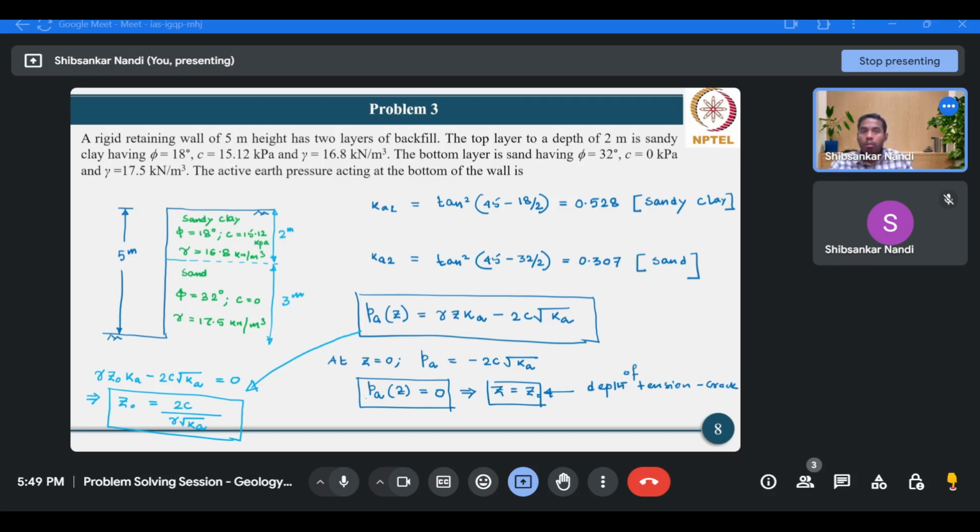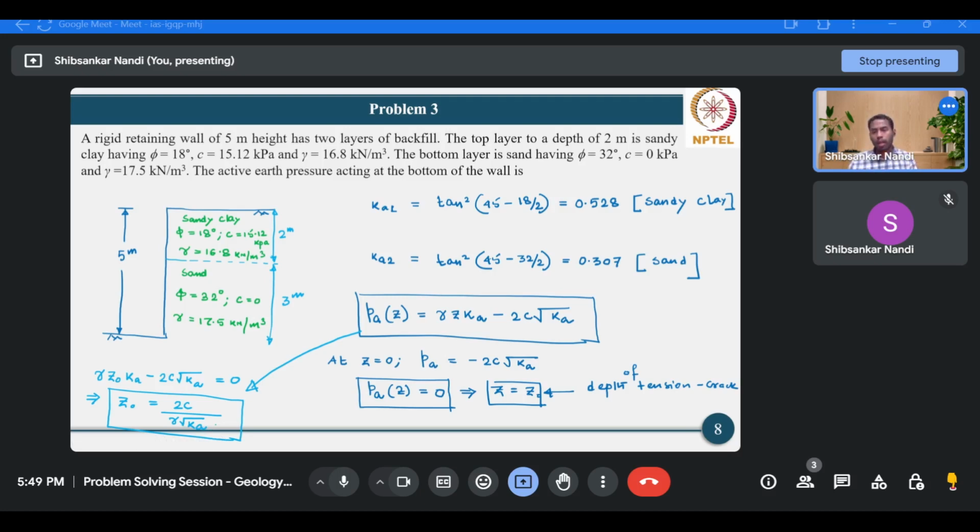So we have seen that in the case of cohesive frictional soil, there is a chance of generation of tension at the top portion of the soil, and up to what extent this tension condition will prevail, that we have also determined. The depth of tension crack will be 2c upon gamma multiplied by root k.